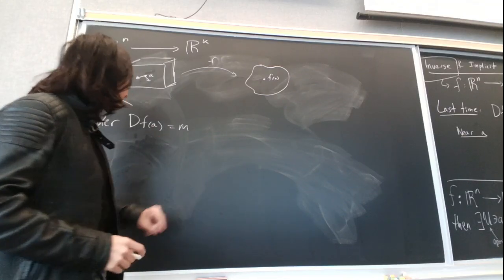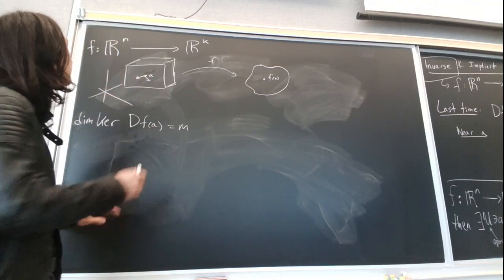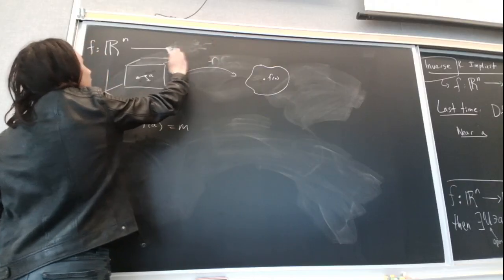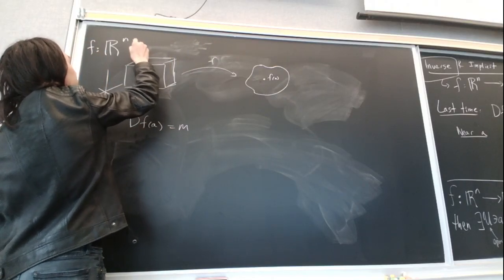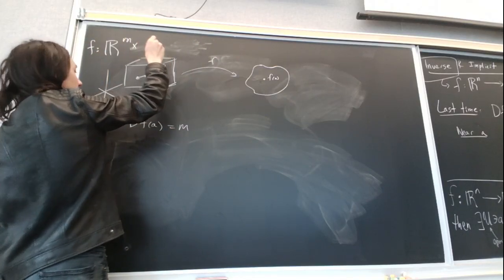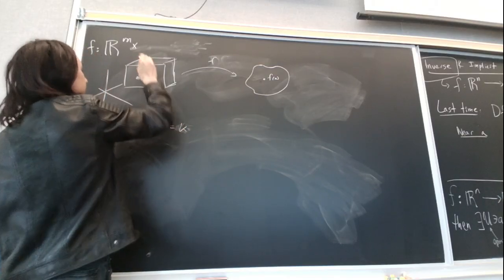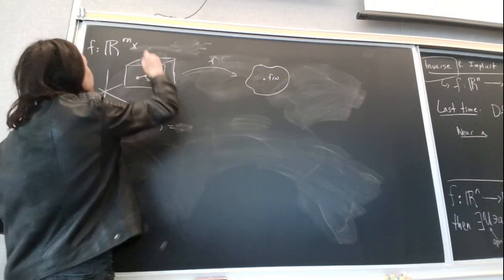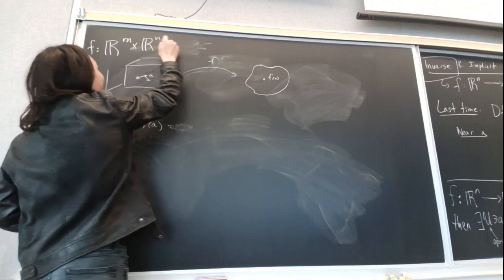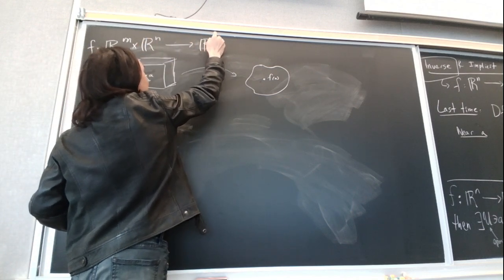Let's consider a more specific scenario. What if the function is from Rm cross Rm? I will change this number so that it's not confusing. No, I will leave this blank for now. And it goes into Rn.